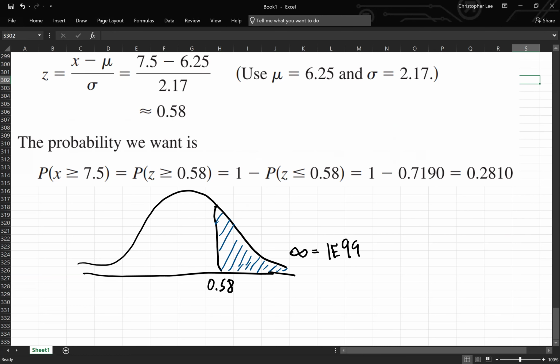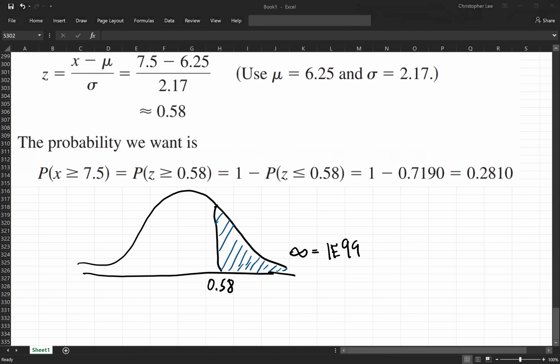Hold on. Just bear with me one second. Just gotta find the picture. I got the picture somewhere. It's not it.